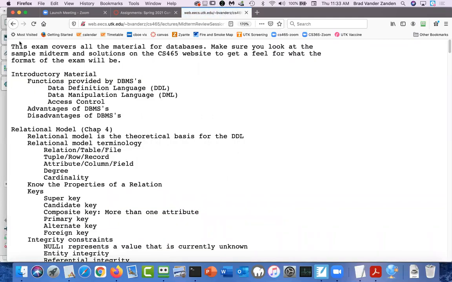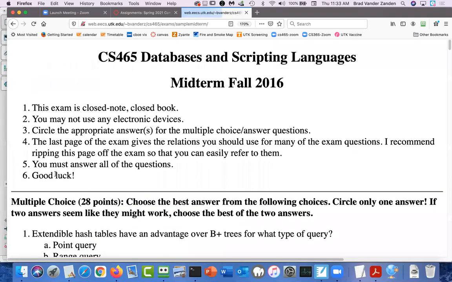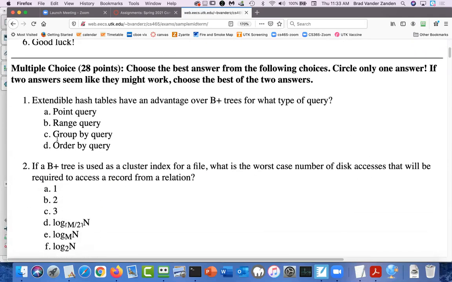So take a look at that. We're covering all the material up through today with MongoDB. And then there's a sample midterm with example questions.